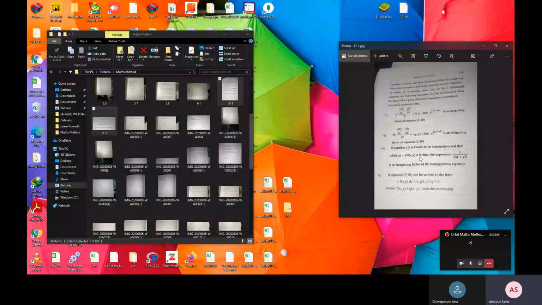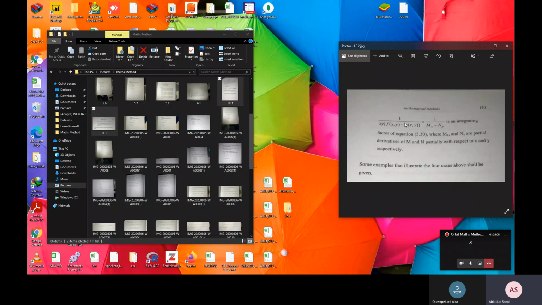So you check it: is x times M plus y times N not equal to 0? If it's not equal to 0, then we are going to use this condition as our integrating factor. Also, I said if you can have the expression in this form and f of x is not equal to g of y, then you can use this formula as your integrating factor.